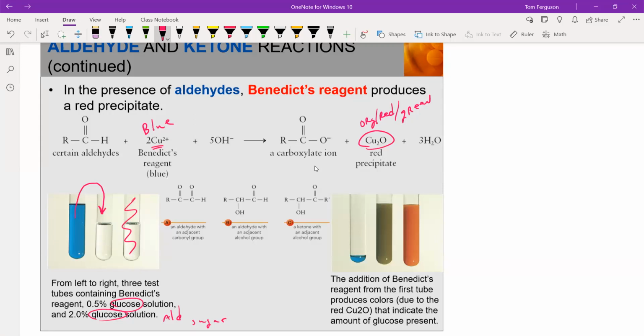Bottom line is that it definitely reacts because the blue definitely goes away. So the basic reaction: the aldehyde oxidizes, copper reduces.